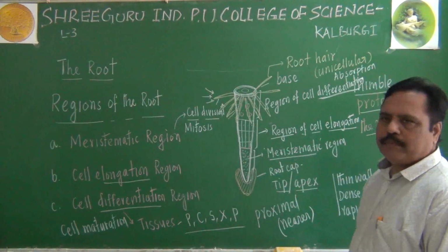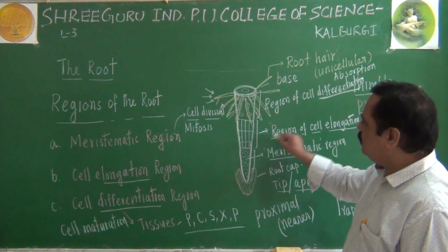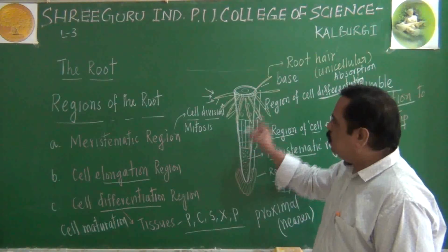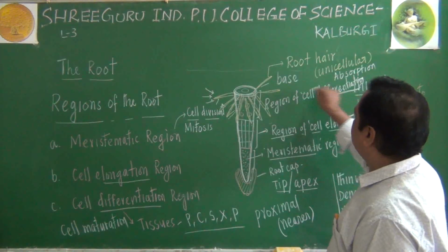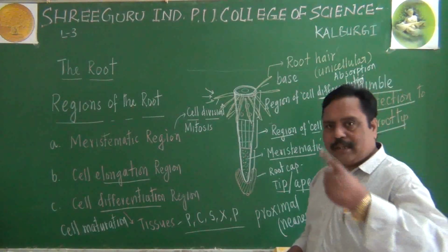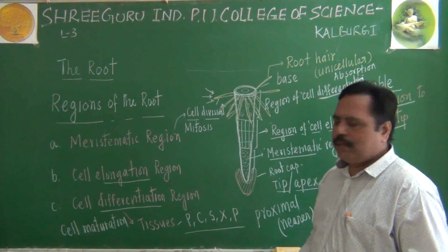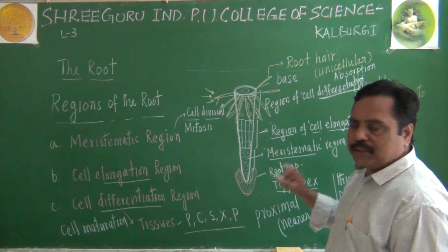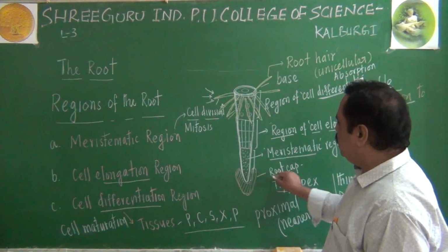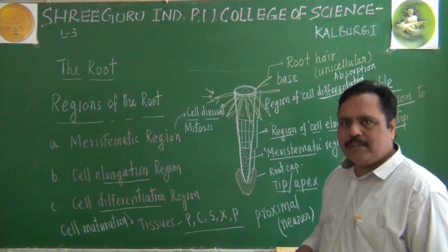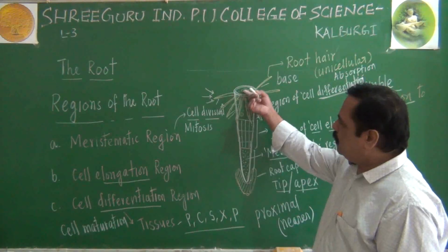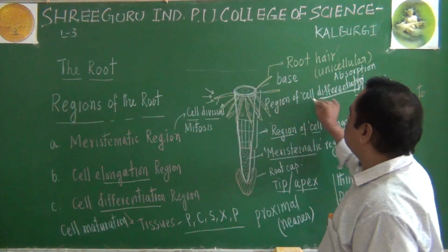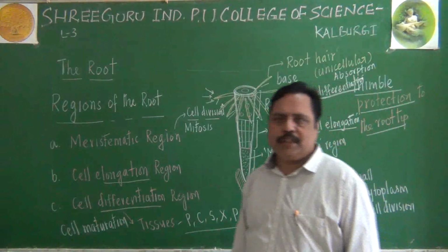Meristematic region. Next to the meristematic region, what is present? Cell elongation. Nearer to the base, what is present? Cell differentiation. So there can be questions in competitive exams. Away from the root tip, you have cell differentiation, but proximal to the root tip, you have meristem. Do you get my point? Away from the base, you have meristem, but proximal to the base, you have cell differentiation.